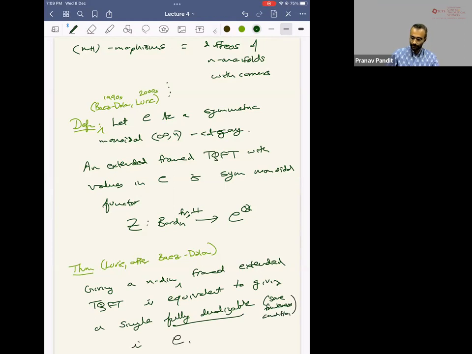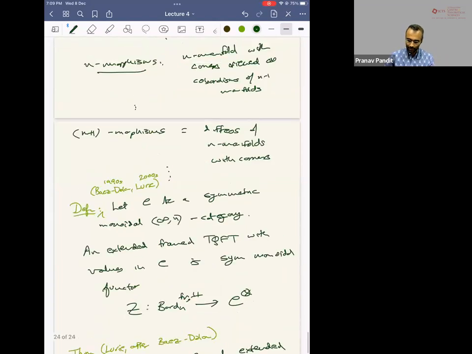Being fully dualizable is a generalization of, for a vector space, being dualizable, which is the existence of a dual vector space that pairs perfectly with it. Being fully dualizable is a really difficult and hard condition for an n category, but in any case, it's a finiteness condition analogous to being dualizable for a vector space. And Lurie's theorem is that giving a framed n-dimensional TQFT is equivalent to specifying a single object in this category, which has this dualizability property.